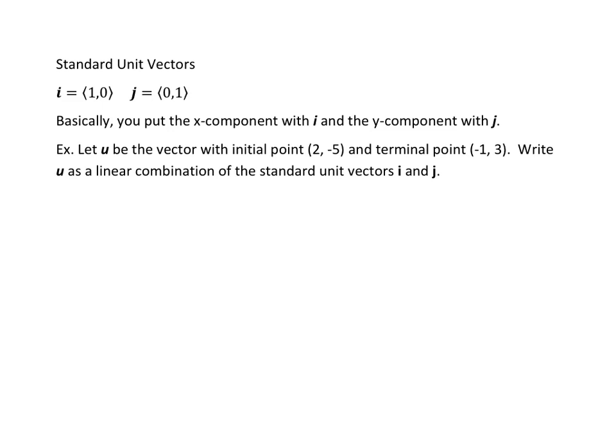So let's get a picture of what this looks like. 2, -5, sorry. So there's my initial point, my terminal point, -1, 3. So here's my vector going in this direction. So what's my x component? So my x component is from the initial point.